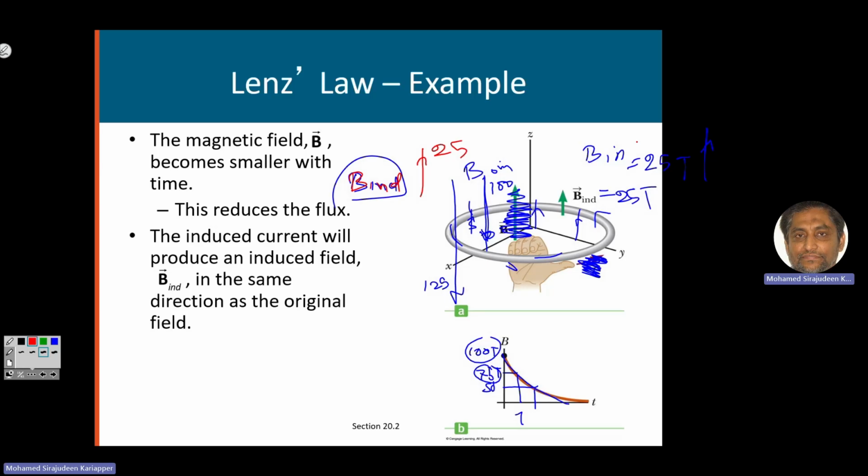Because the 100 external field became a 125 external field. I don't want change, so how can I oppose this change? The change is 25 down, so I will add 25 up. It will cancel the change. So the induced field must be up, and the current should flow counterclockwise. Okay? We can have two more examples.